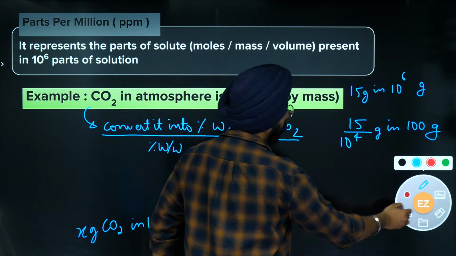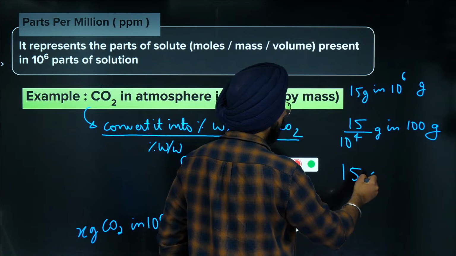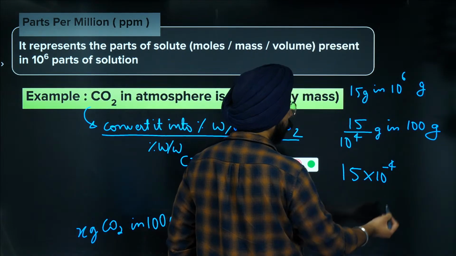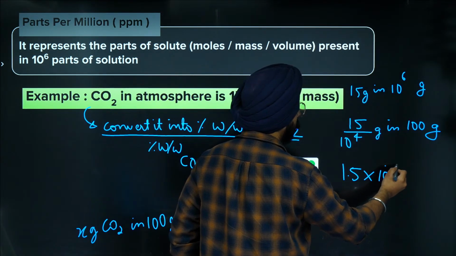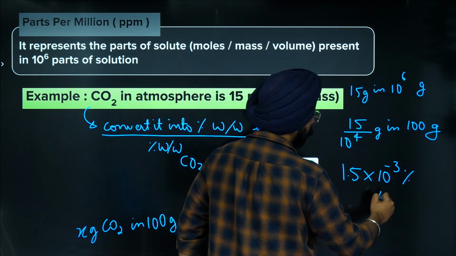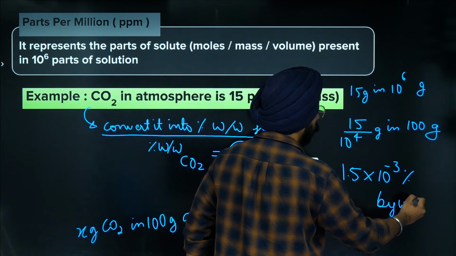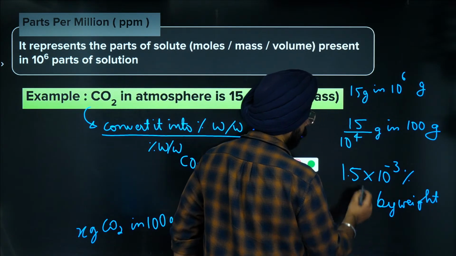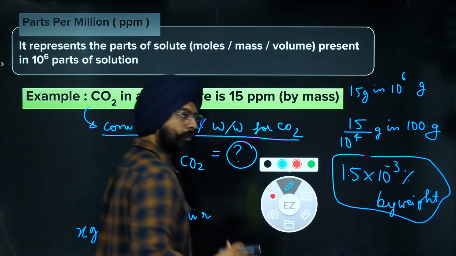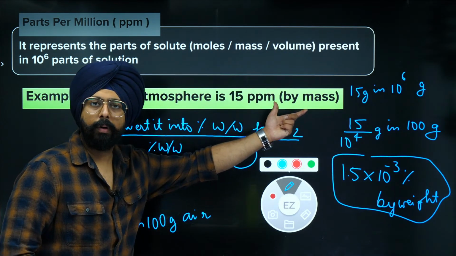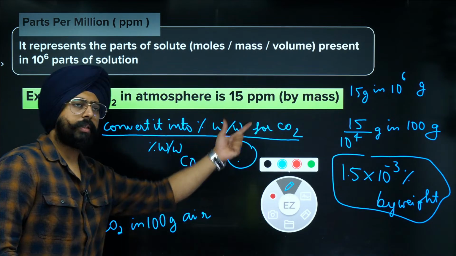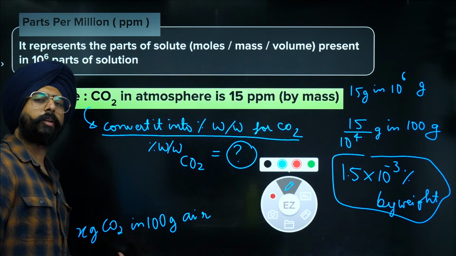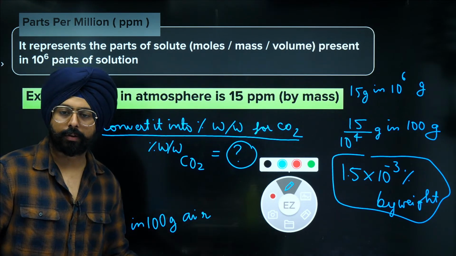Alright, so my dear friends, 15 into 10 to the power minus 4, or better still, 1.5 into 10 to the power minus 3 percentage by weight. Understood? This statement can be converted into this statement, and this is basically the statement for percentage weight by weight.